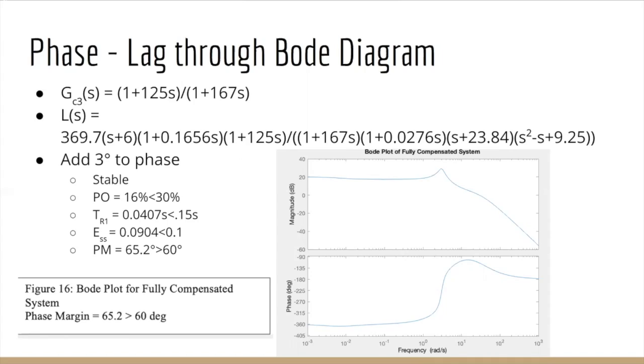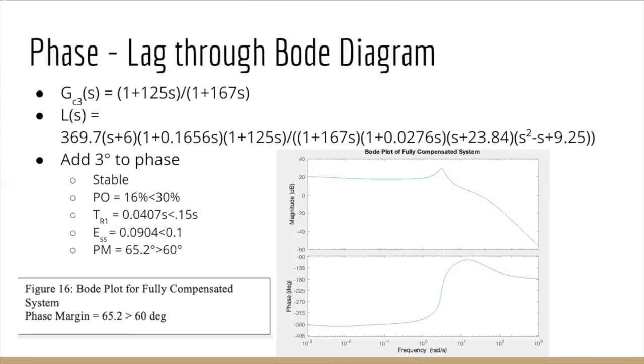Overall, my entire system meets the design requirements through these 3 compensators. In terms of sensitivity, I noticed through the Bode diagram that although the phase margin is high and promising, the magnitude of the diagram suggests higher sensitivity, and this is further confirmed through the Nyquist plot.